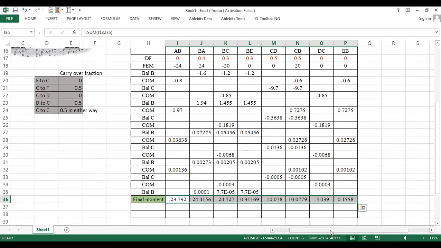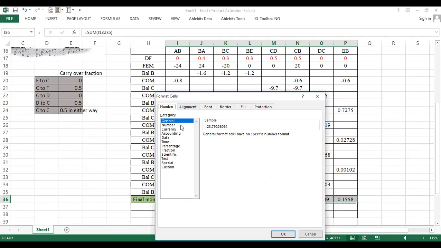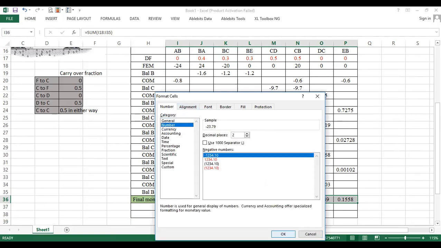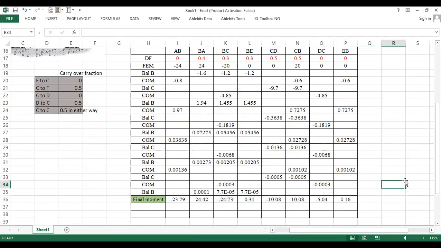So you can see everything is balanced, right? So B joint is balanced. If you add these three, it's balanced, right? So if you add these two, C joint is balanced. There will be an unbalanced bending moment at the fixed end. That should happen, right?